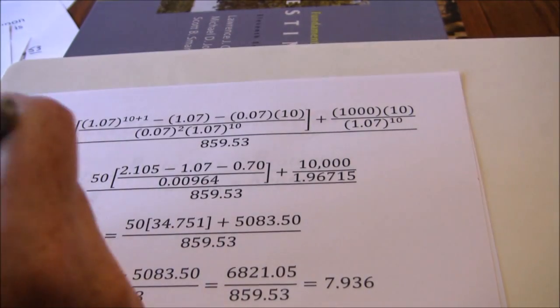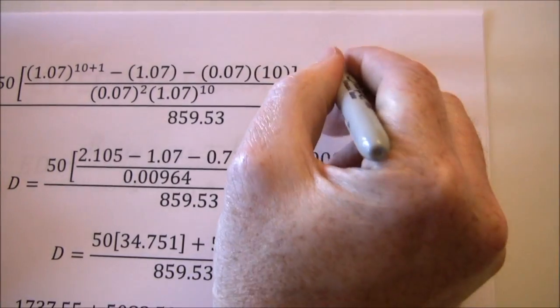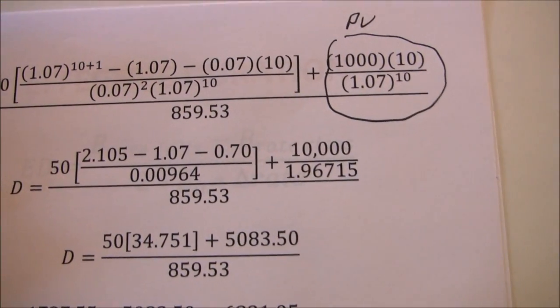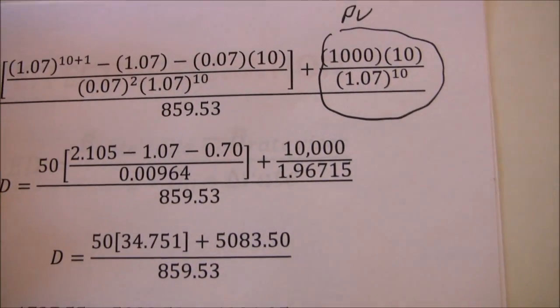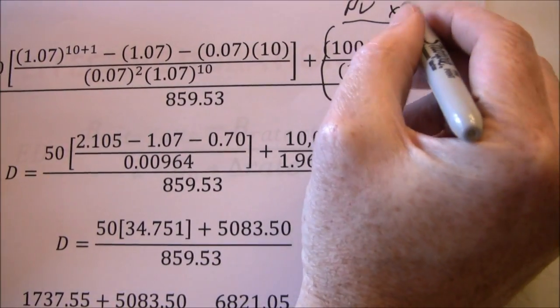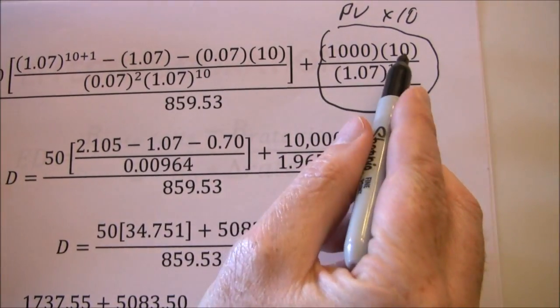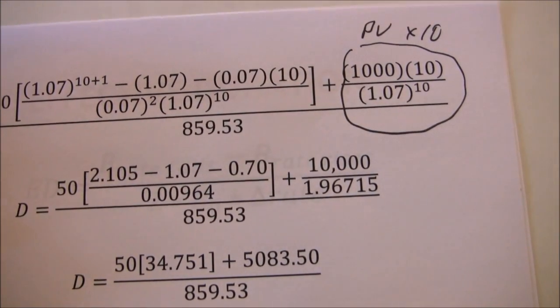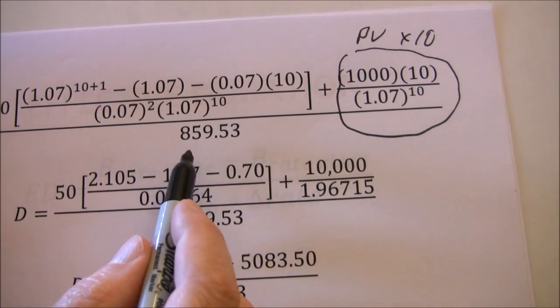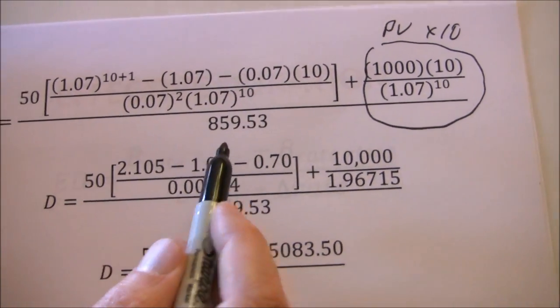Now you might notice over here that's just a present value of the par value, present value of the maturity value, times 10 because we have 10 years to maturity. So that just gives you a little idea of what's going on there. And then this was our bond price, $859.53.